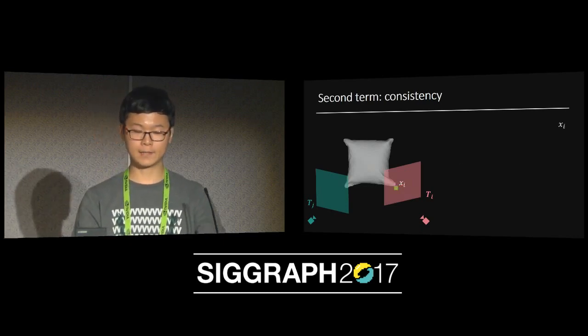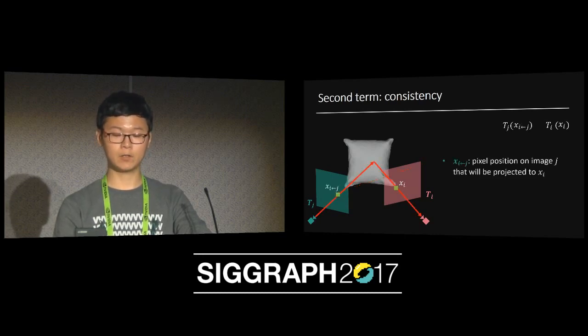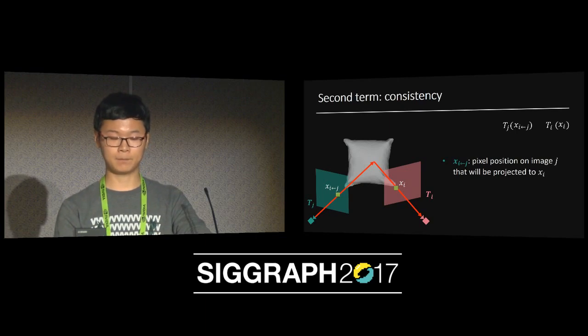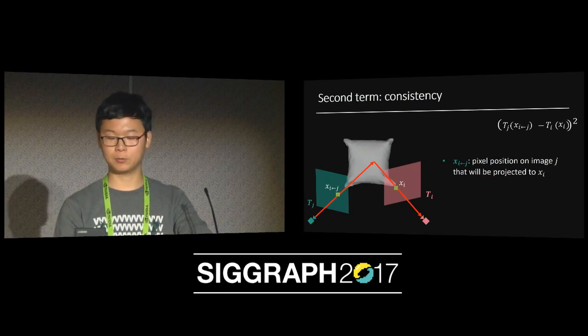So for pixel xi on the current image and its color, we find the corresponding pixel on our target image that will be projected to this xi. To ensure consistency, we enforce these two colors to be the same by minimizing their L2 distance. This is done for all target images and for all pixels on the current image.